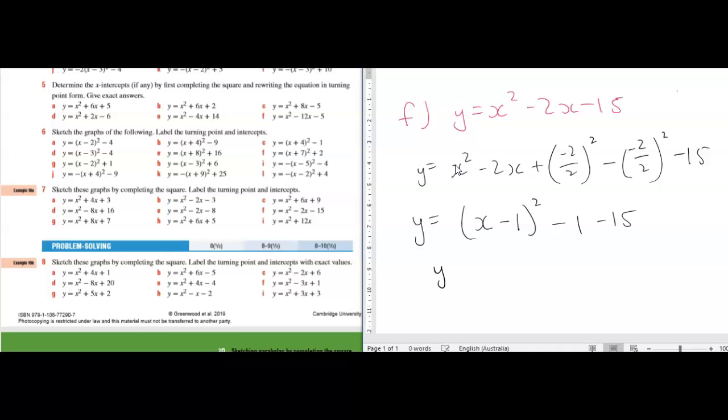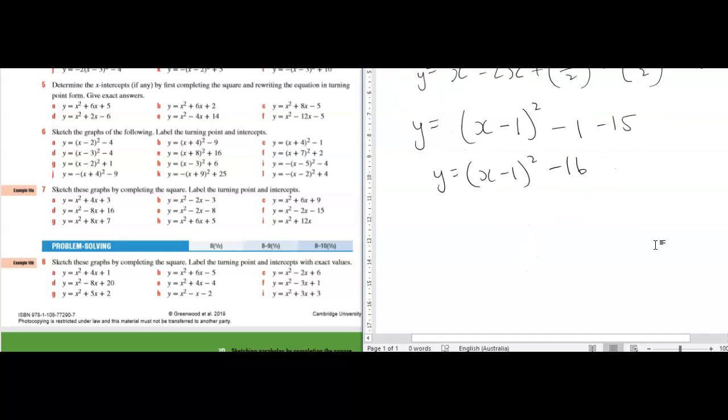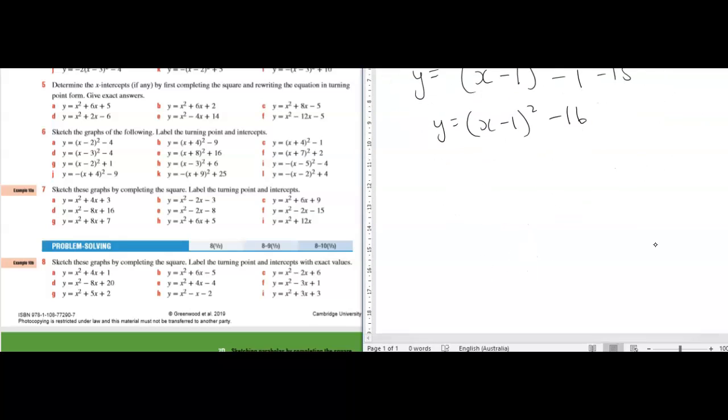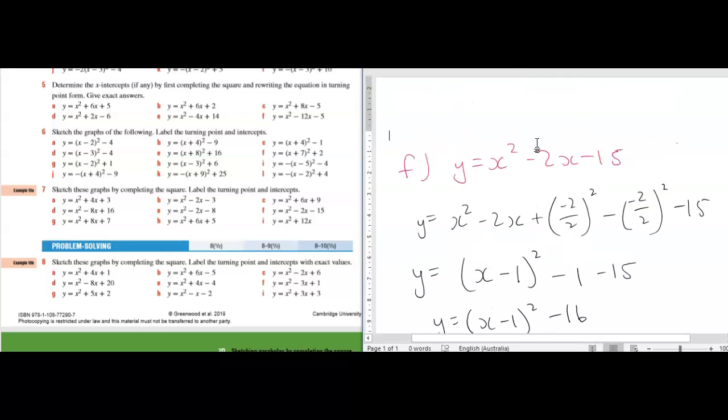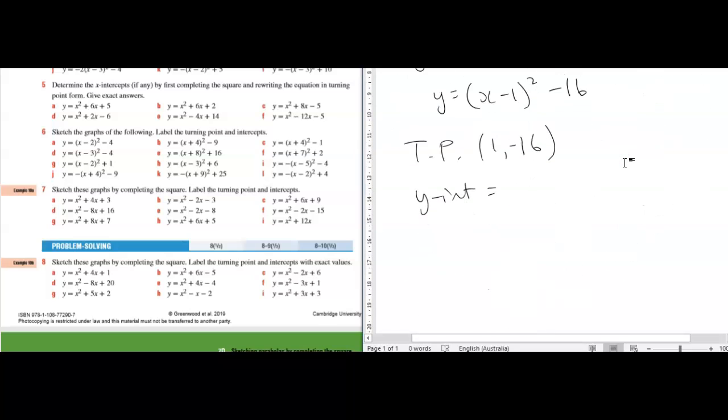So this is going to go through the x-axis. This is a parabola with a turning point at 1, -16. Your y-intercept, which we can read straight from the equation in expanded form, is at -15.